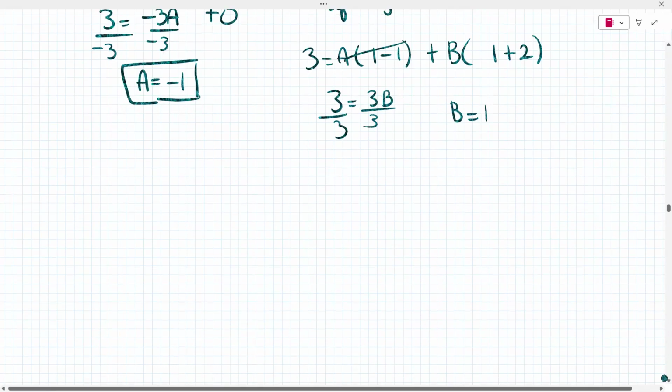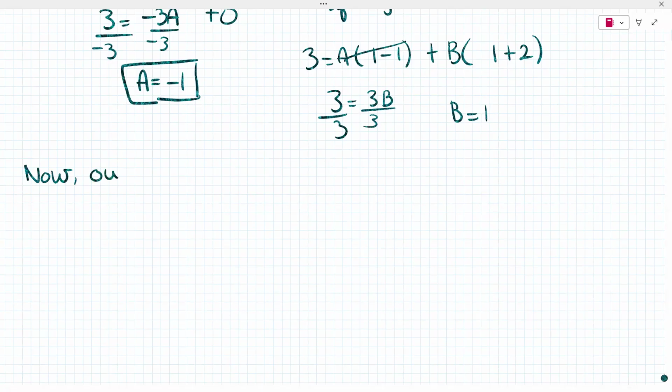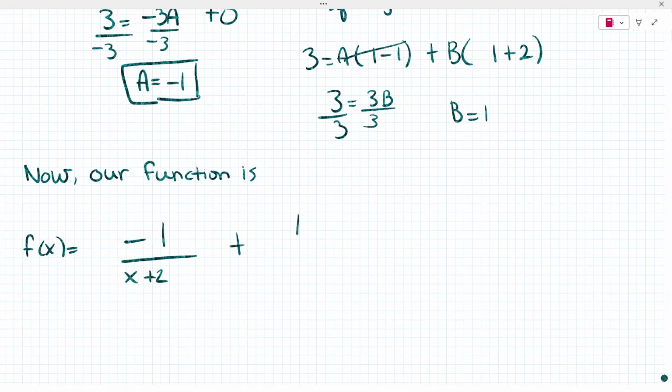So now our function is f of x equals negative 1 over x plus 2, plus 1 over x minus 1.